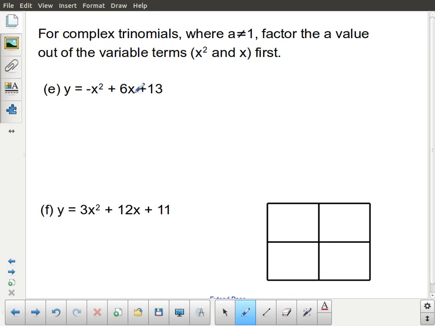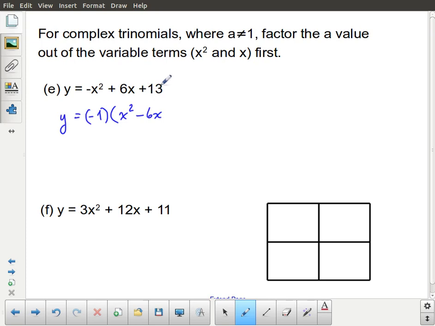They're not always going to be x, but the variable terms. So y equals, I'm going to actually factor out negative 1. Normally I would just show it as a minus sign in front, but I want you to see I'm taking out the negative 1, leaving behind, well, what is negative x squared divided by negative 1? That's positive x squared. What is positive 6x divided by negative 1? That's equal to minus 6x.